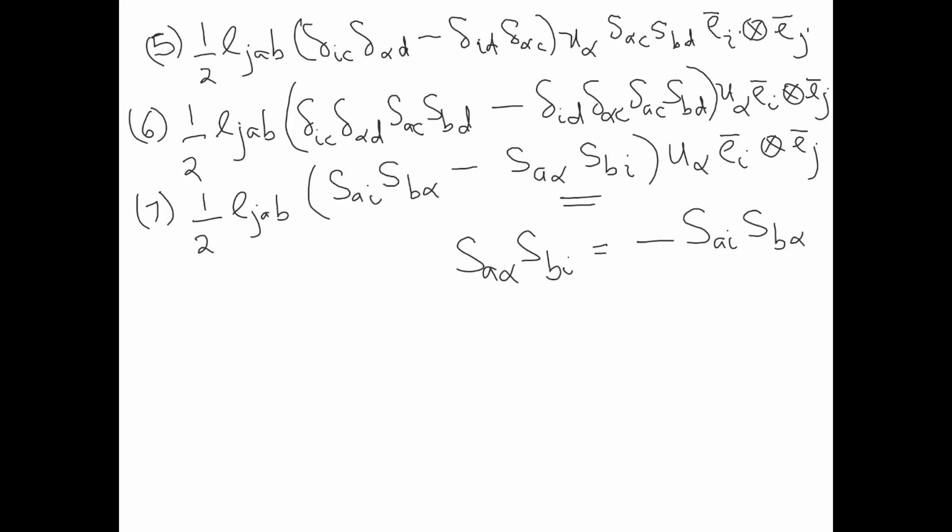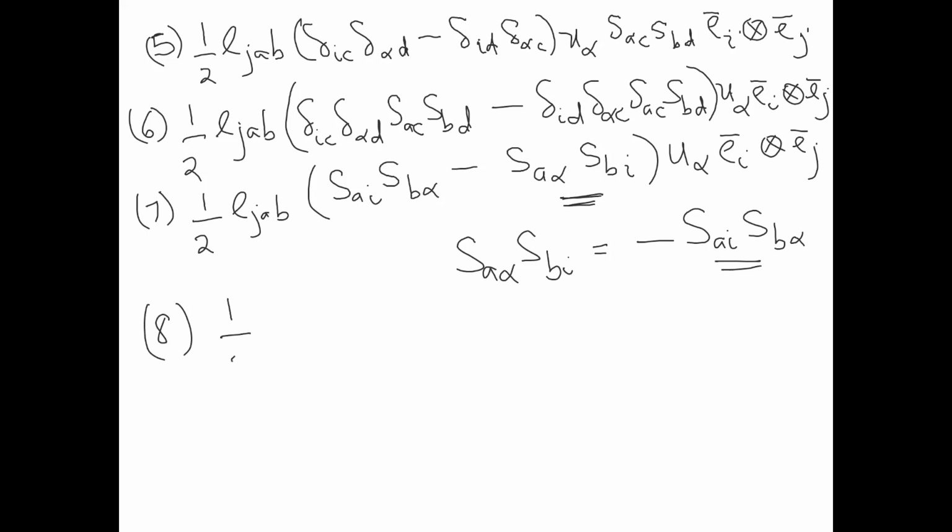Once I move the index from one to the other, I've altered the sign. Looking at this pattern, I can rewrite this so that the first term and the second term will be similar. That's what I want to achieve. And that gives me my step 8.